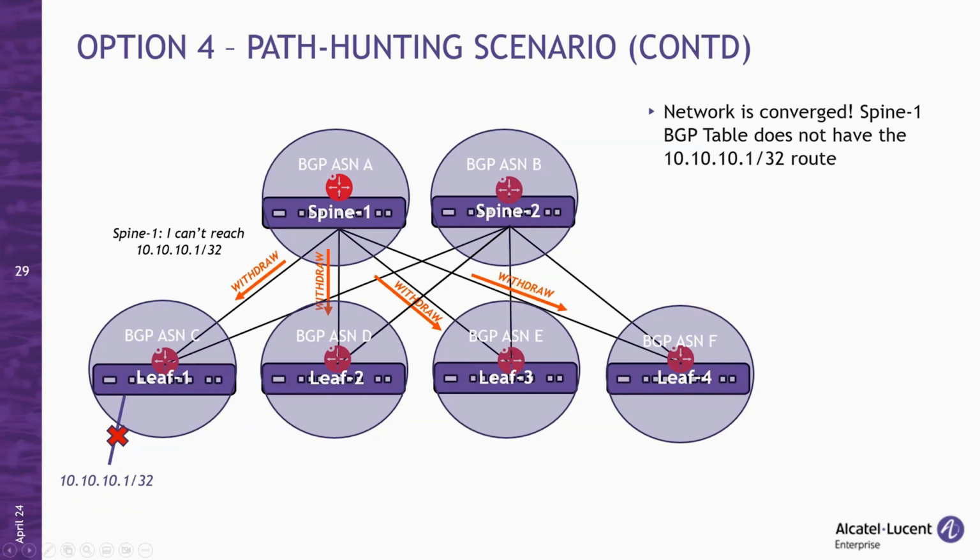After the last update message, spine 1 sends an update message that it can't reach the route 10.10.10.1/32, and the network is then converged. As you can see, this whole process is called path hunting, trying to find an alternative path for this prefix before it's completely removed from the BGP table.